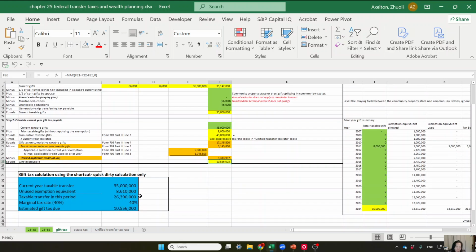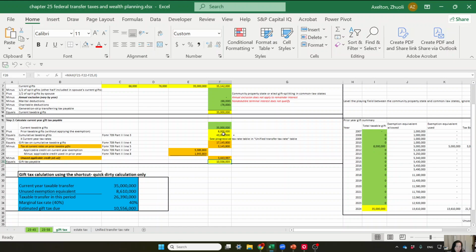The reason behind this is that at the end of the day, even though the applicable credit is applied in between here, in theory, what we're trying to do in a gift tax calculation is make sure the prior year gift is not double taxed in the current year taxes. Consider the current year exemption.